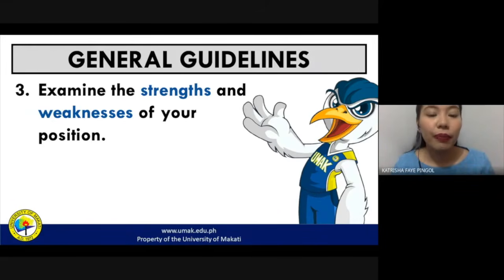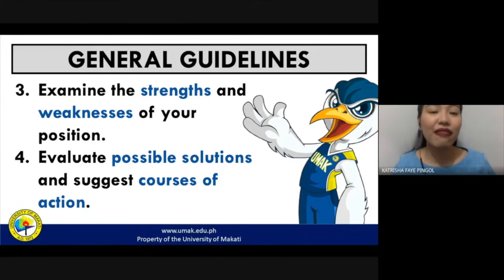So you need to make sure that everything that you would be including in your position paper is strong in nature. They have the strength to fully support, to fully back up your very own standpoint, your very own viewpoint.